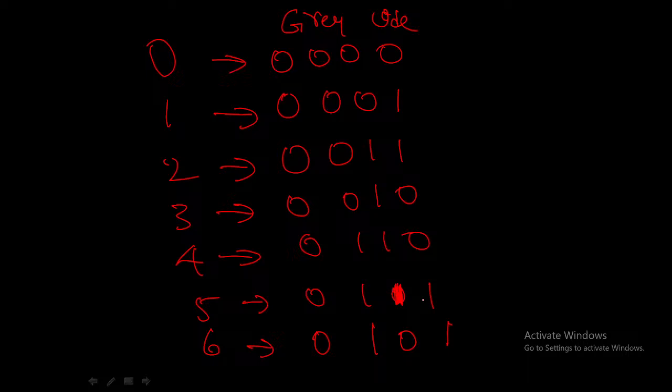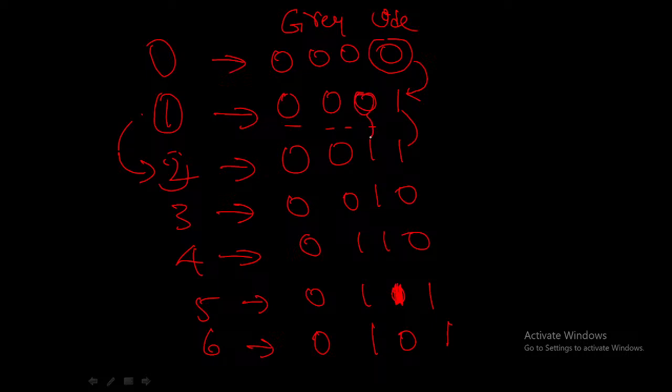Basically here, if you observe the LSB, for 0 it is 0, and in the case of decimal 1, the LSB is changing to 1, and no other bit is changing except the LSB. And for 2, if you compare 1 and 2, every bit is the same, only the last but one bit is changing.